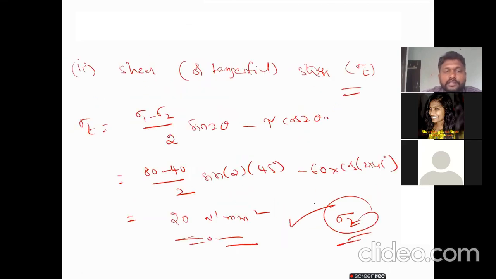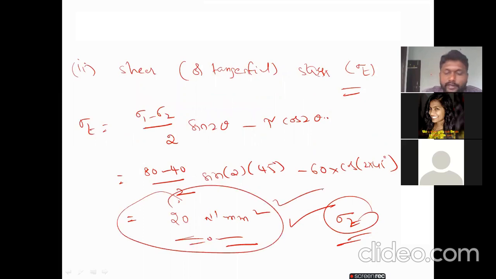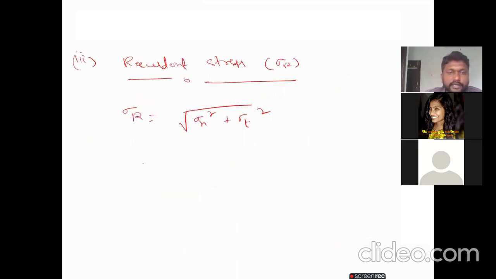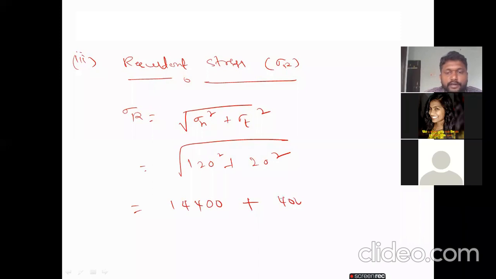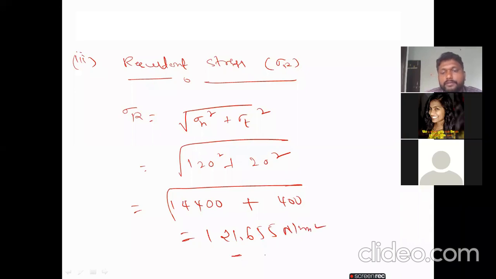And coming to sigma t, we got 20 Newton per mm square. So I substituted here, and please solve the problem: 120 square plus 20 square. So 120 square is 14,400 plus 400. So the answer is 121.655 Newton per mm square.